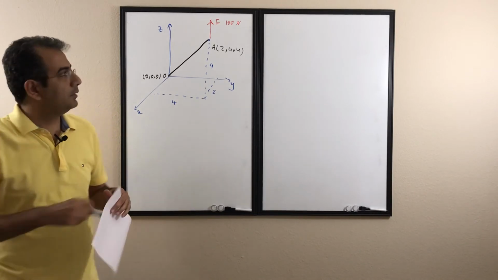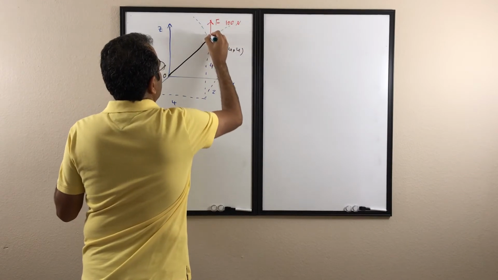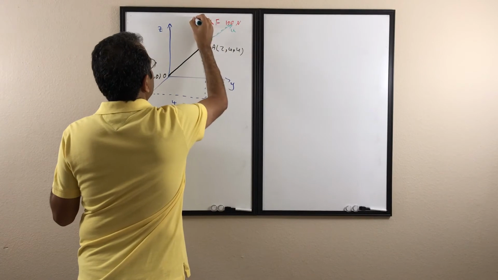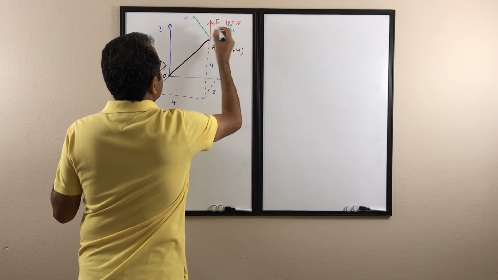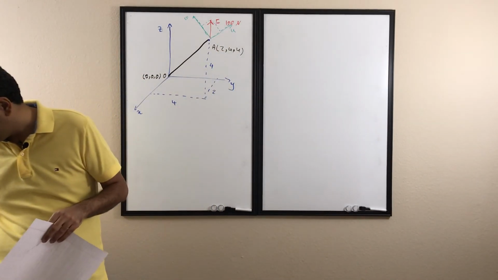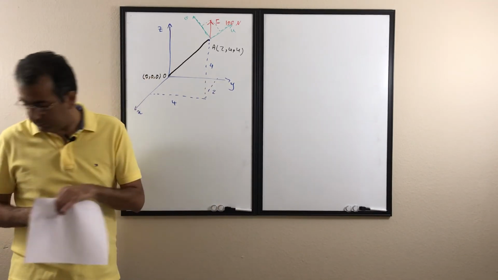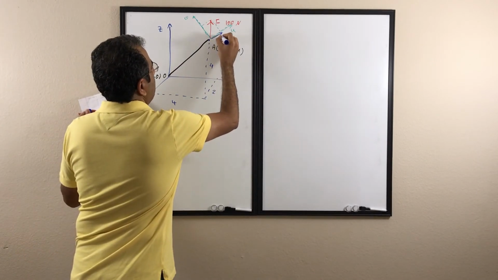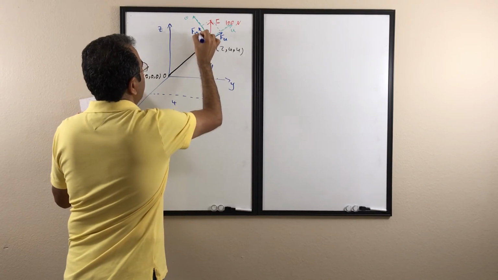So what's going to be this projection? Assume that we have two axes here. We call them U and V. The projections of F are here and here, so it's going to be F_U and F_V.